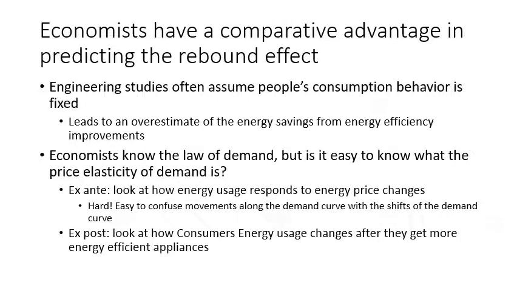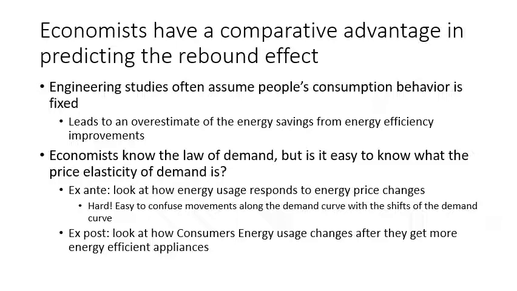One nice thing about being an economist is that we have a comparative advantage in predicting the rebound effect. Engineering studies often assume people's consumption behavior is fixed, and so engineers might model what will happen if energy efficiency improves, but they tend to ignore demand curves and elasticities. So this leads to an overestimate of the energy savings from an energy efficiency improvement.